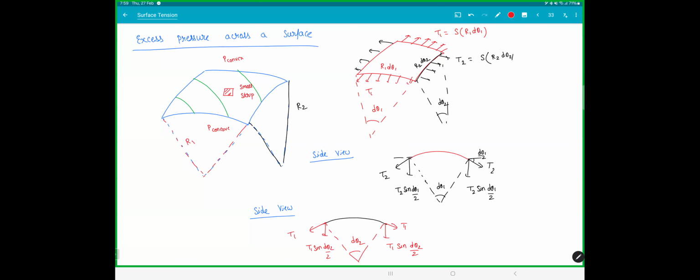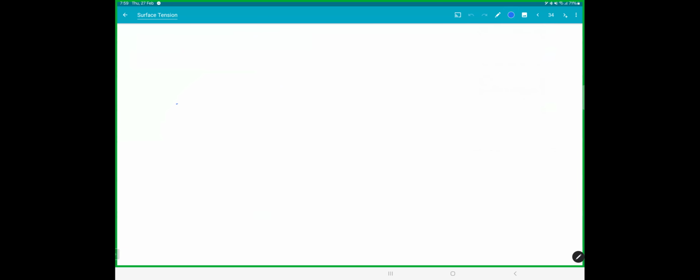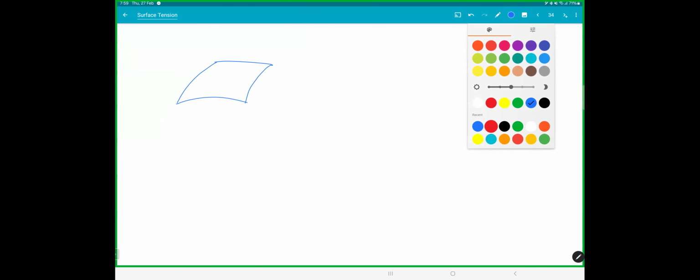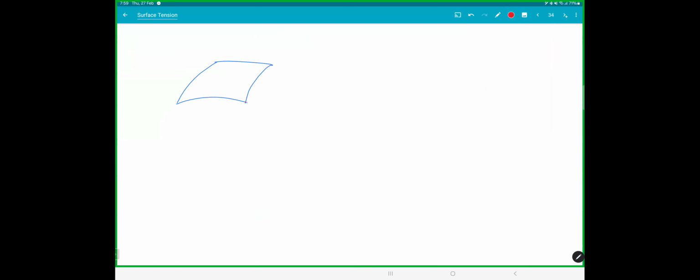Now, if I draw the whole thing again, look at this. We have two components here. This entire thing is pulling down with 2 T1 sine d theta 2 by 2. Similarly, this is also pulling with 2 T1 sine d theta 2 by 2.